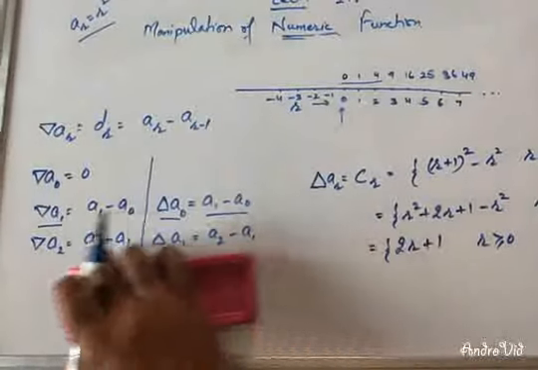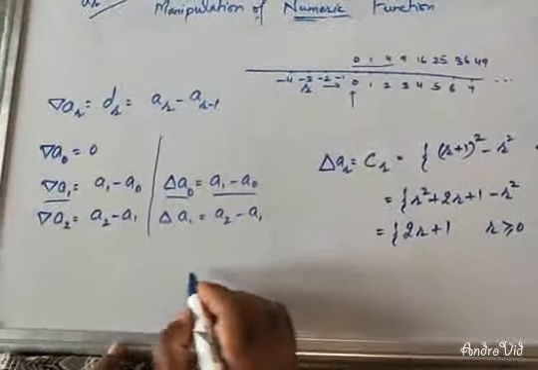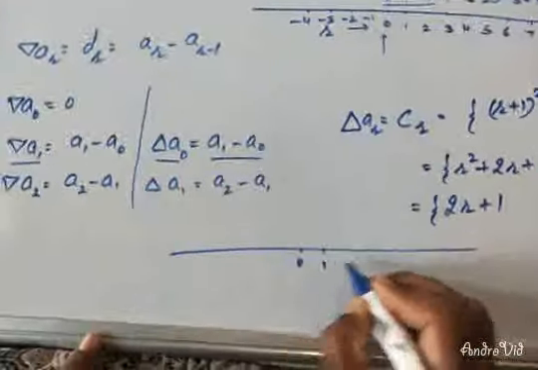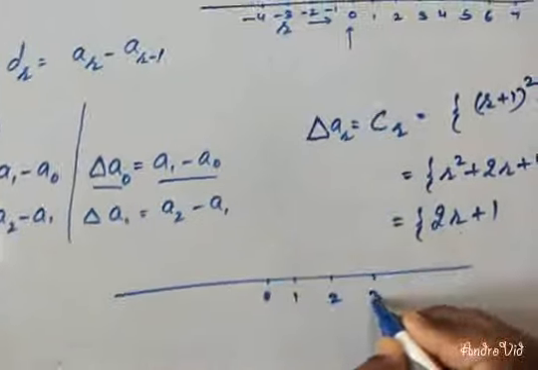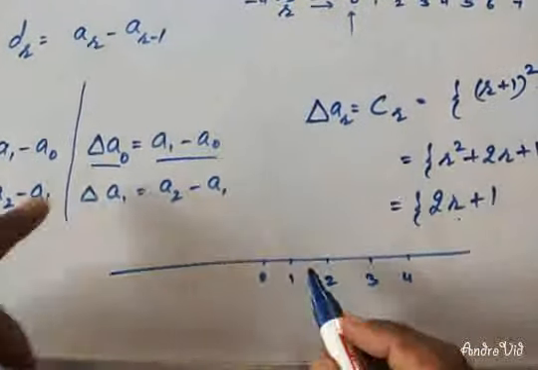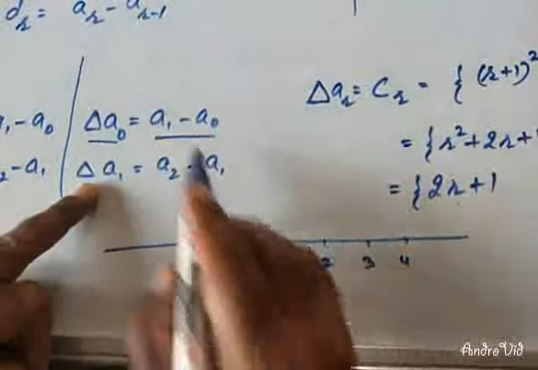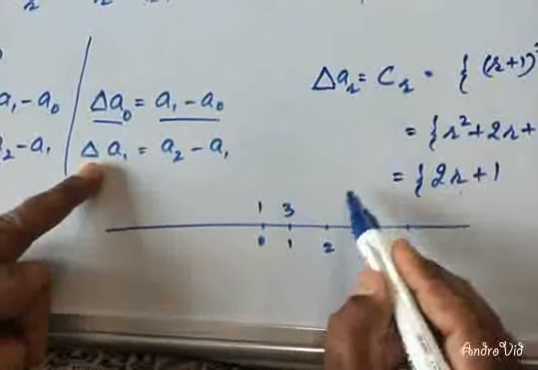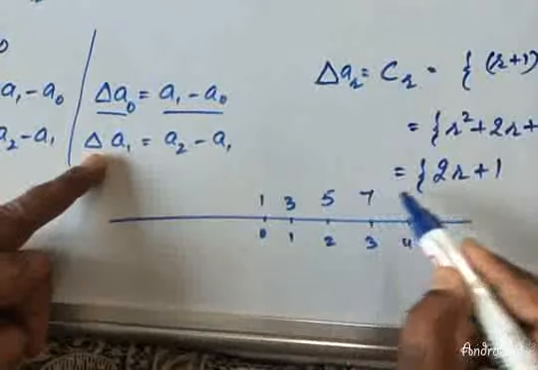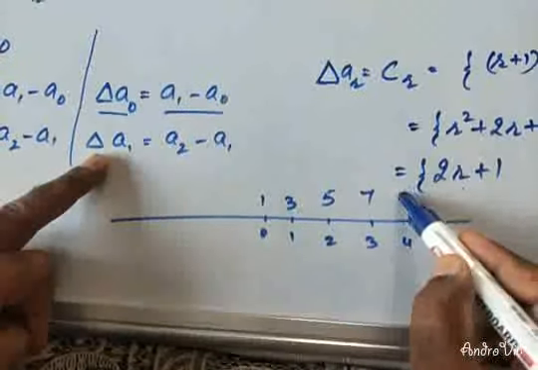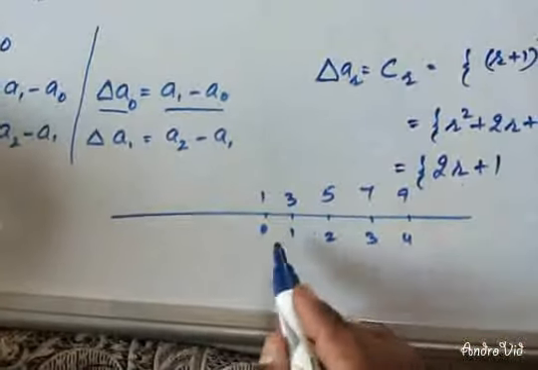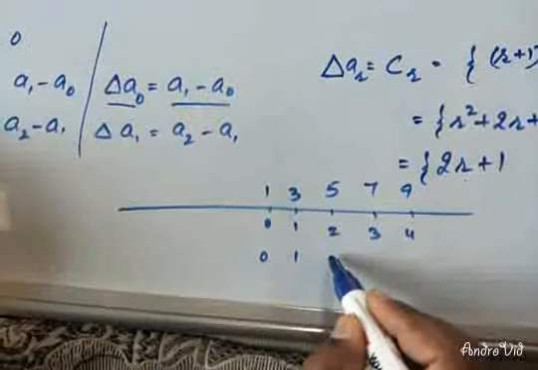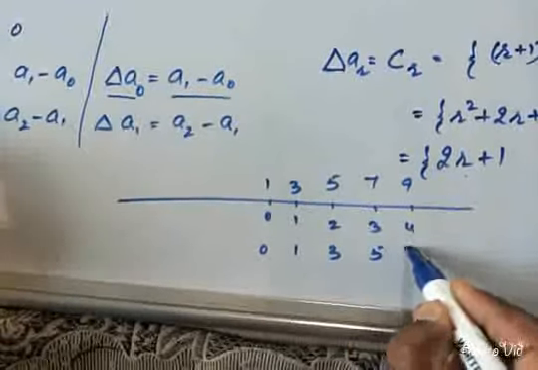If we draw it on a chart, with positions 0, 1, 2, 3, 4, delta A0 is A1 minus A0. The forward values are 1, 3, 5, 7 and 9. Backward delta A0 is 0, and then it is 1, 3, 5, 7.